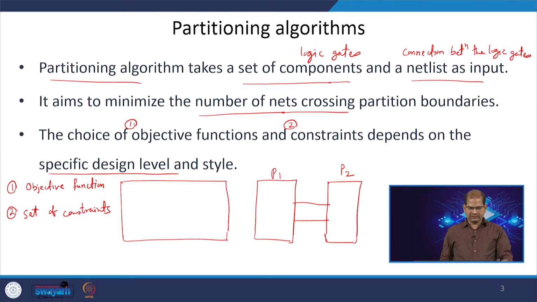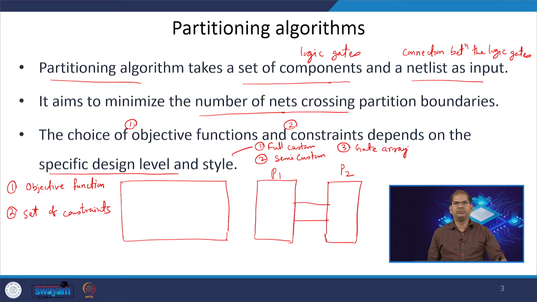Then design style is whether it is full custom, semi custom, or gate array, all these different types of design style. Depending upon all these design levels and design styles, we have to fix our objective function and constraints.